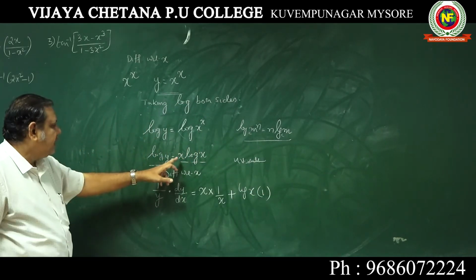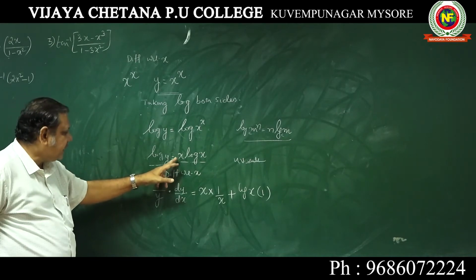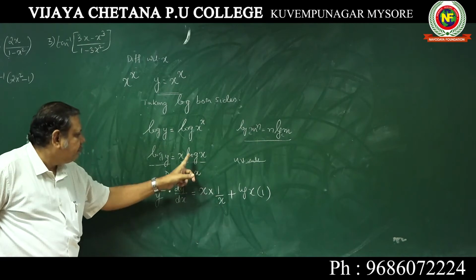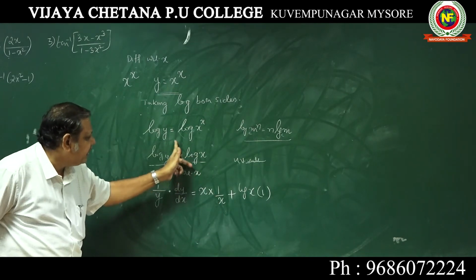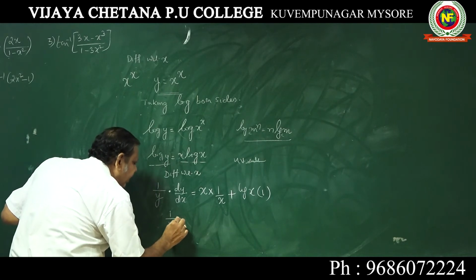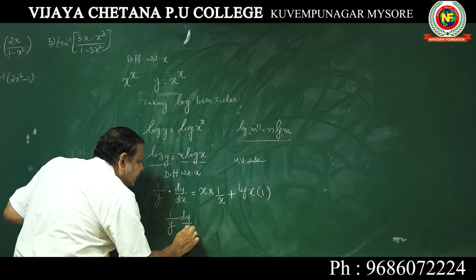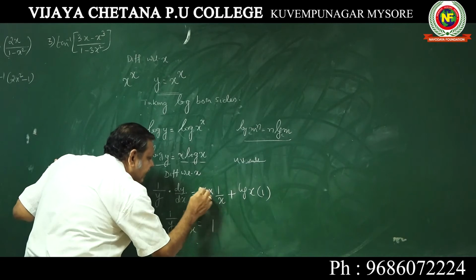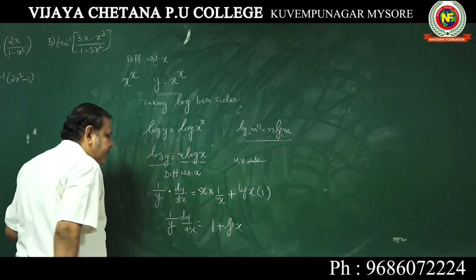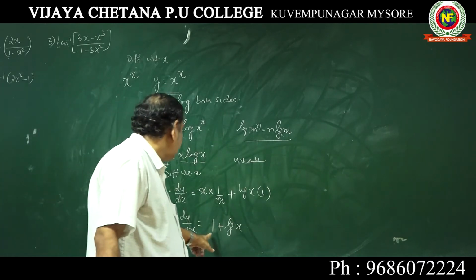Again I will explain, it's a product rule here. x into d by dx of log x is 1 by x, plus log x into d by dx of x is 1. Now 1 by y dy by dx is equal to x into 1 by x, 1 plus log x. That is 1 plus log x.